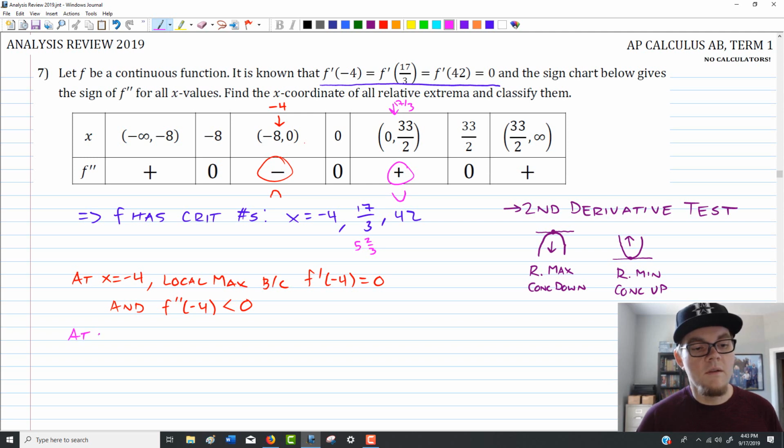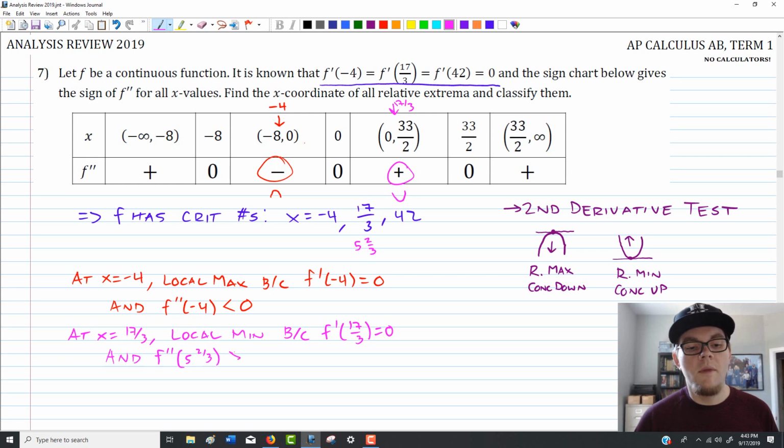So we can say for that one, at x equals 17/3, we have a local minimum. And our reason would be because f prime of 17/3 is equal to 0, and f double prime of 17/3 is positive. So once again, we're applying the second derivative test.